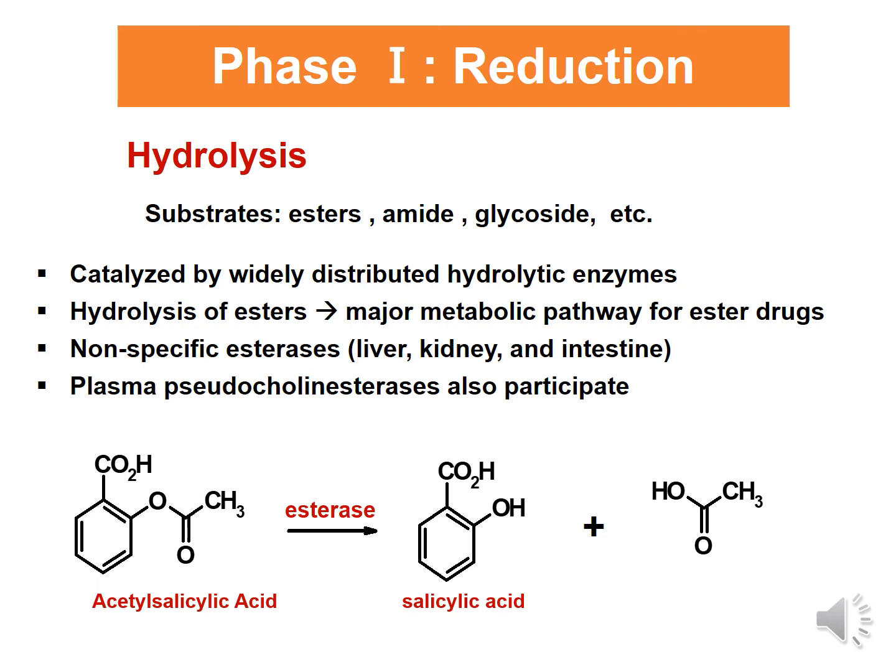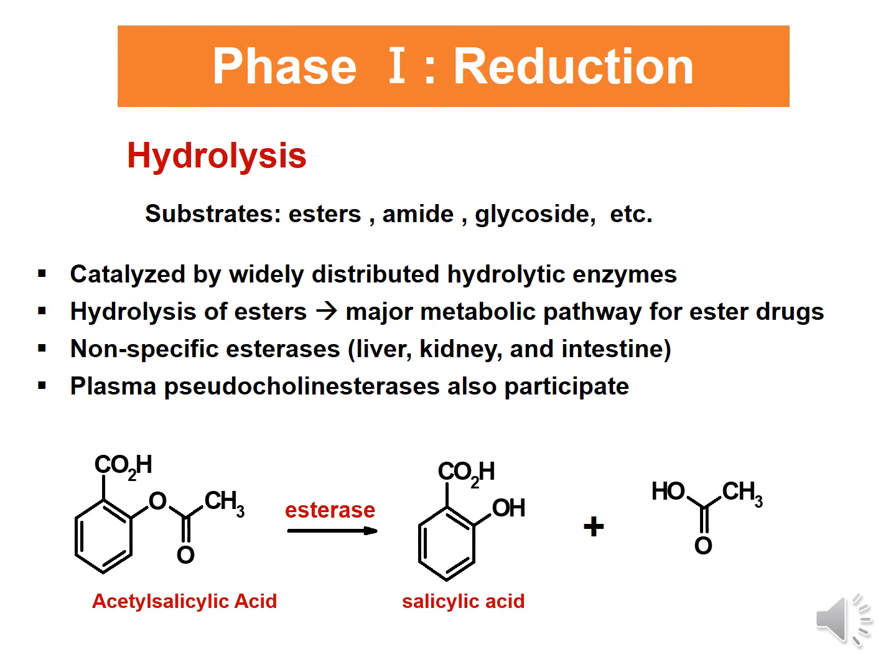Reduction reactions for phase 1 include hydrolysis reactions. These reactions are catalyzed by widely distributed hydrolytic enzymes. Substrates for these reactions are esters, amides, glucosides, etc. Hydrolysis of ester is the major metabolic pathway for ester drugs.